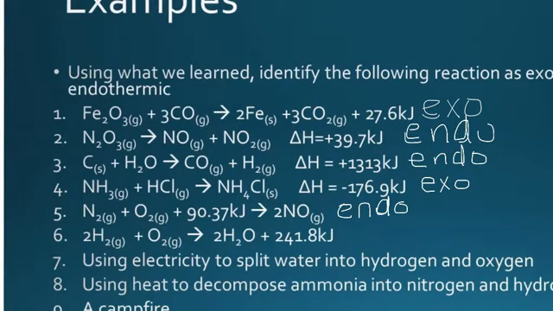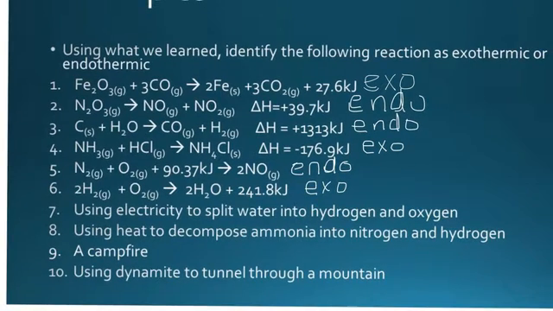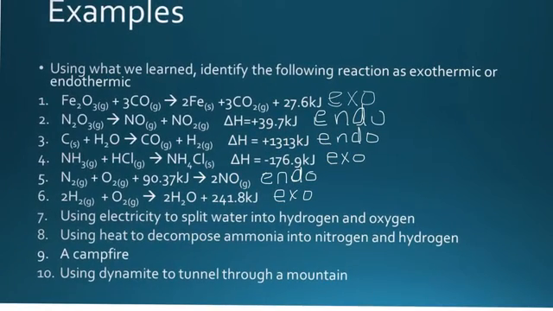Number 6 has energy as a product, which makes it exothermic. Number 7, using electricity to split water into hydrogen and oxygen. This isn't giving us an example of heat, it's just giving us energy. So the energy is needed to go into the reaction to cause the reaction to happen, which means it's going to be endothermic.